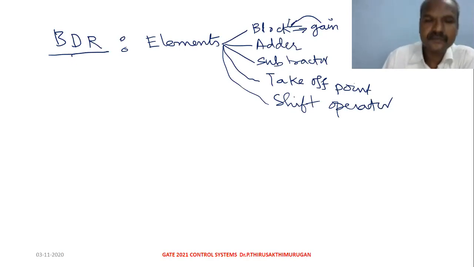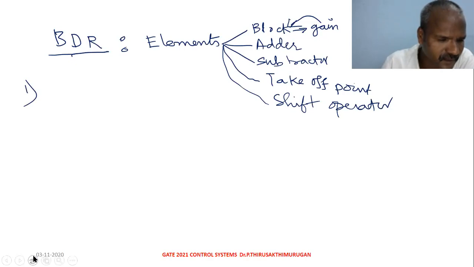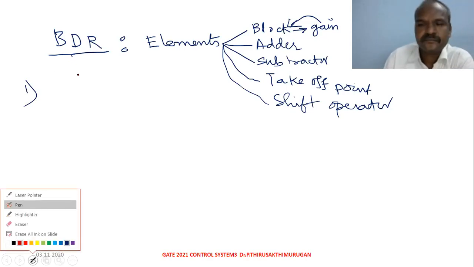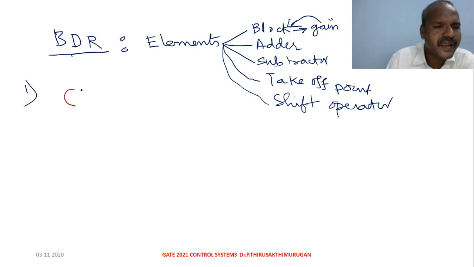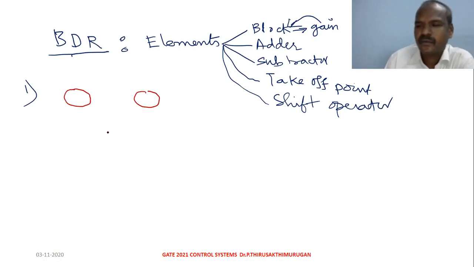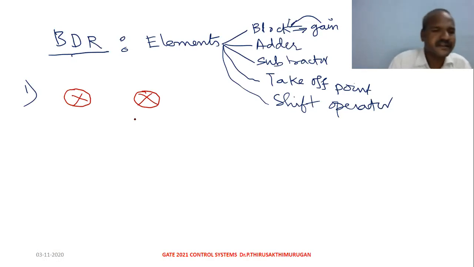So originally, what is this? Suppose, first example 1. Summer or adder, there are two blocks. These are called adder or junction. A is an input, B is another input to this summer. A is added, and the B signal is subtracted.